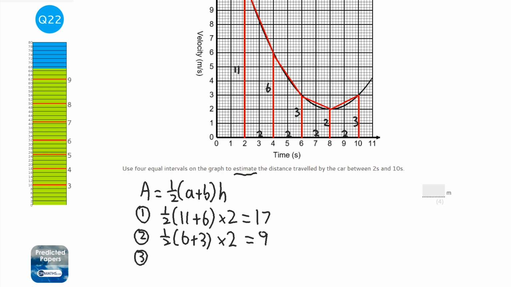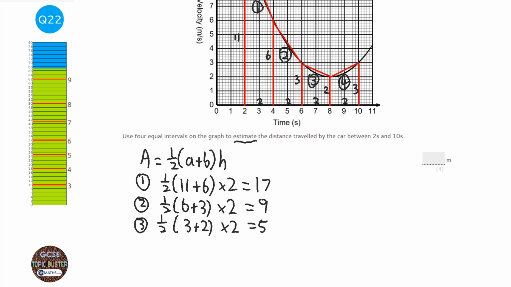The third trapezium, and if you want to, you can actually just number them on the actual thing itself to show the examiner, yep, this is the one I'm trying to work out. So that's going to be half, and what is it this time? 3 plus 2 times 2, which is just going to be 5. Let's just scroll it down a little bit.